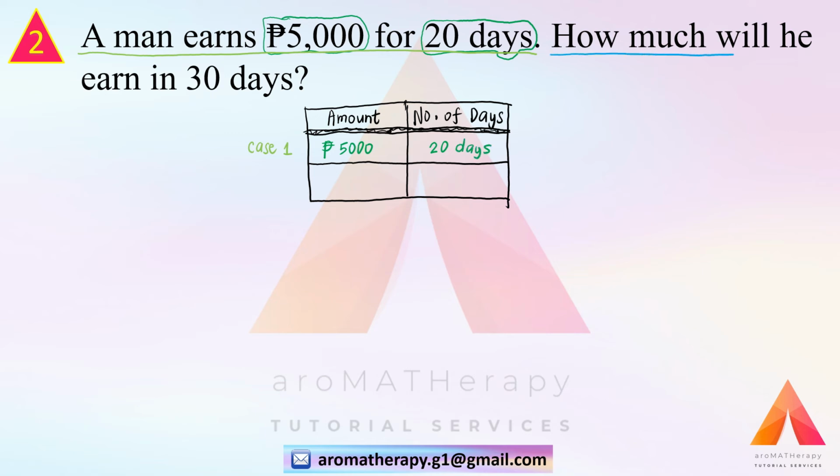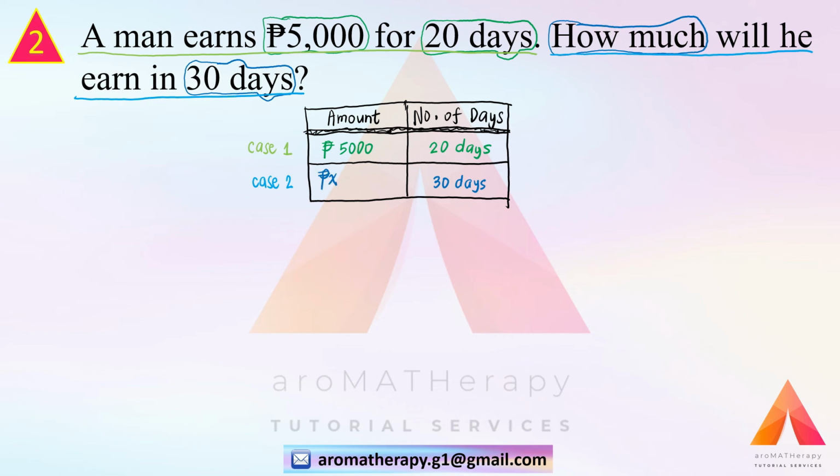Next question. How much will he earn in 30 days? This is for case 2. So we are given the number of days. Write 30 days. Okay. And since we don't know the amount, let us denote it with X pesos.